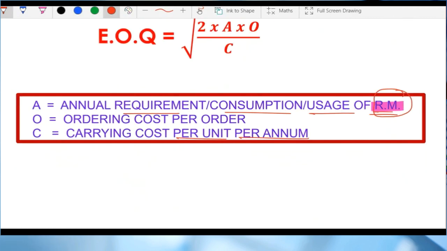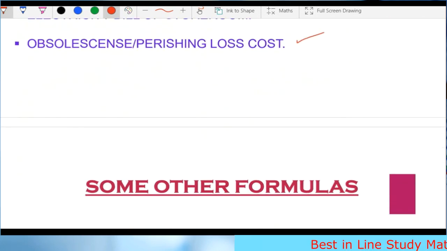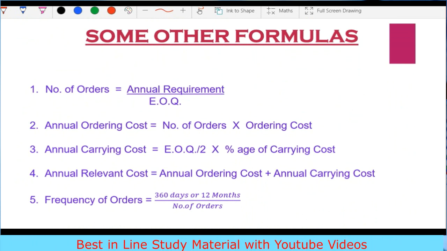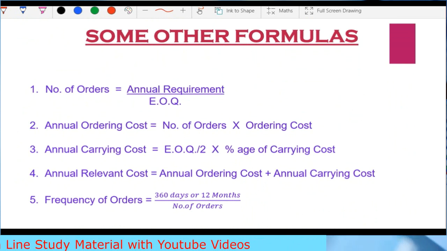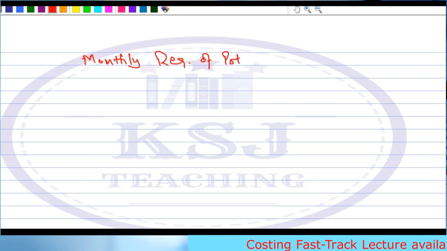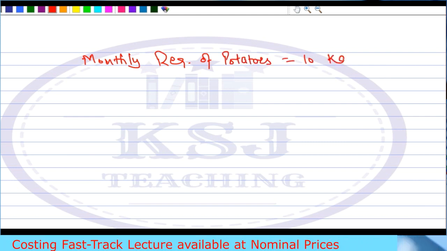Okay, so now I have told you what ordering cost is and what carrying cost is. We took the example there, right? So these are some related formulas which are often used in the questions on EOQ. What is the number of orders? Say, for example, your monthly requirement, and again we'll take the same example, your monthly requirement of potatoes is say 10 kg.